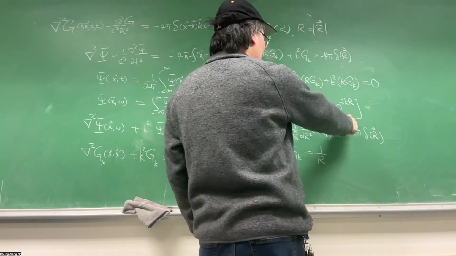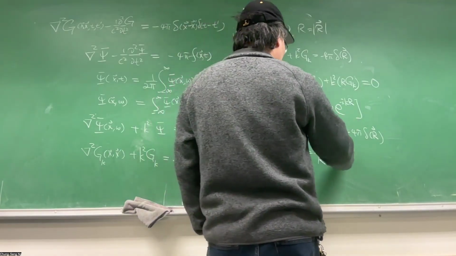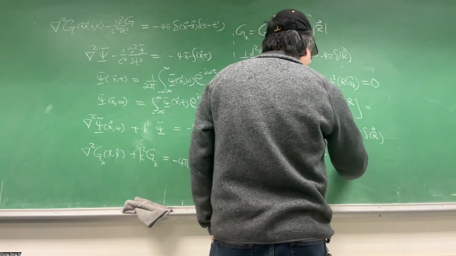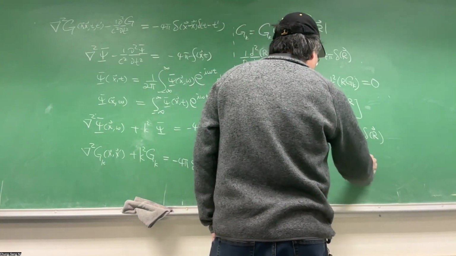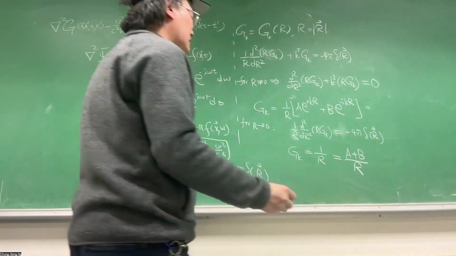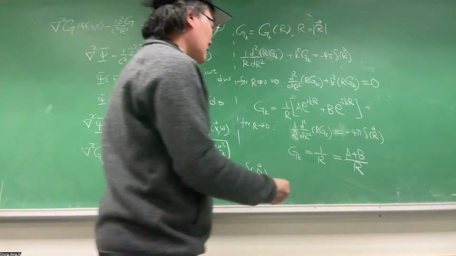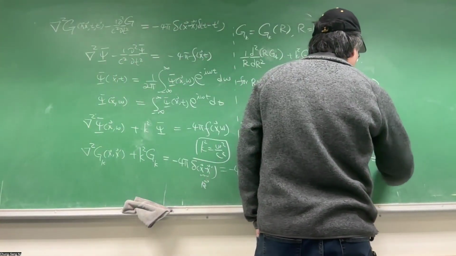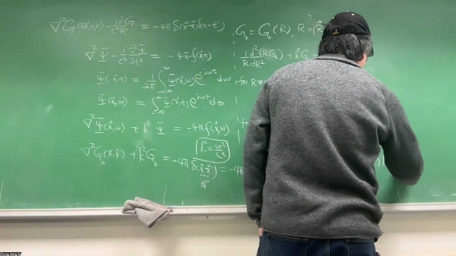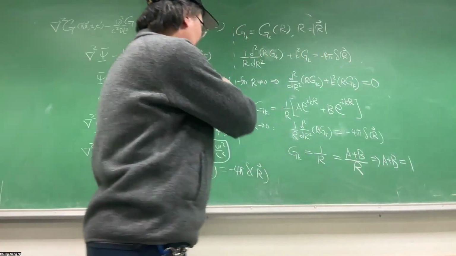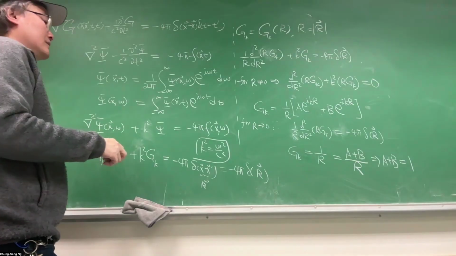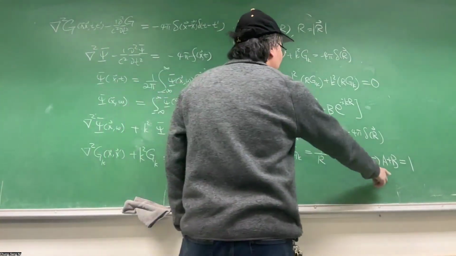This is 1, this is also 1. This is A plus B. So this must equal 1 over R, and that implies A plus B equals 1.